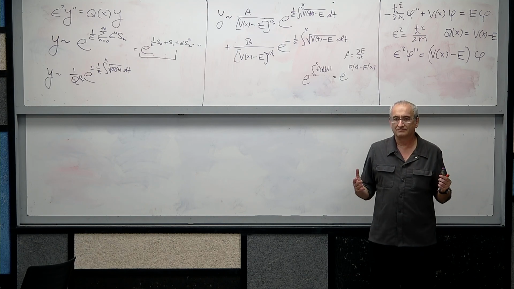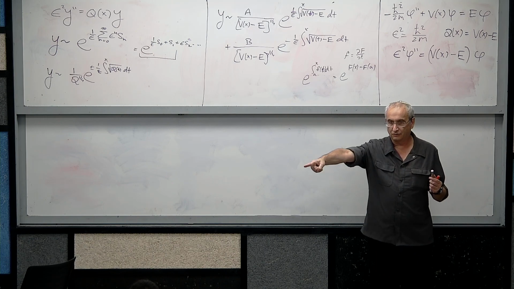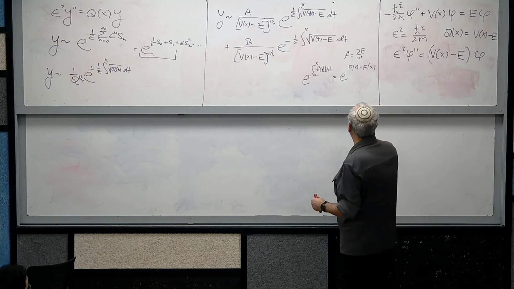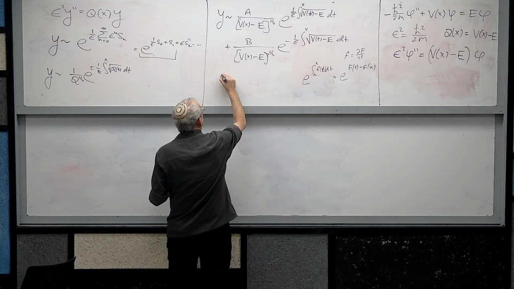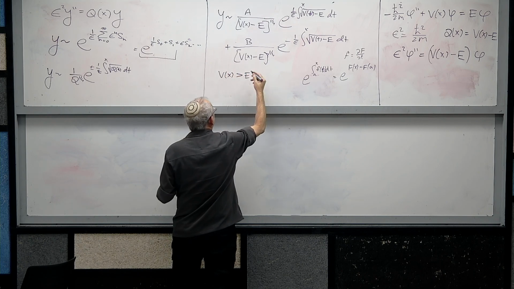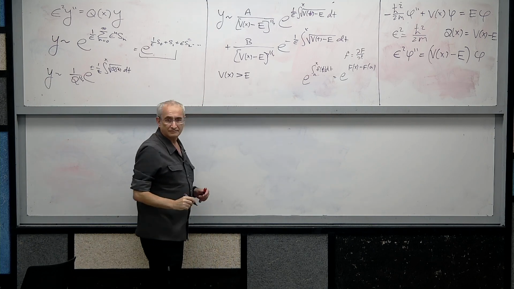What are they? E bigger than V. Very good. We have two options. This one is written most naturally when V of x is larger than E for all the relevant values of x.